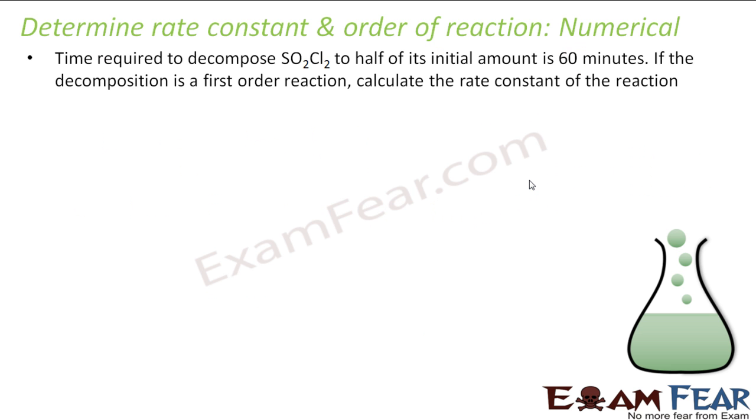Pretty easy question. The next: the time required to decompose SO2Cl2 to half of its initial concentration is 60 minutes. That is, T half is 60 minutes, because it is half of the initial concentration. If the decomposition is first order, find the rate constant.